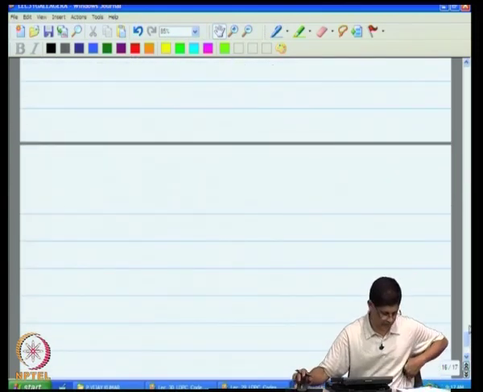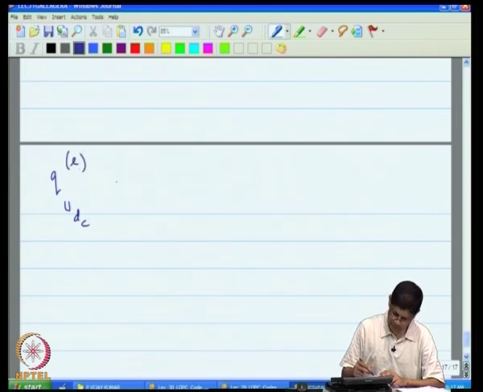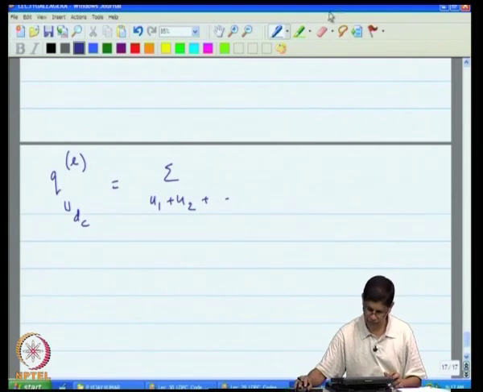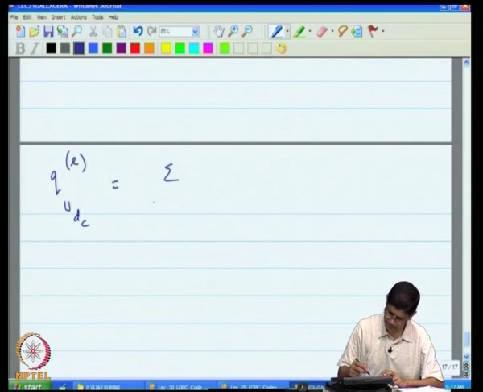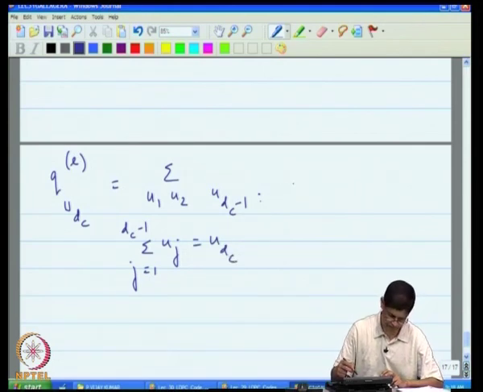The way we will compute it, and this is the way that Gallager computed it, is to say that q_{u_dc} of L is the sum over u1, u2, ..., u_{dc minus 1} subject to sigma u_j equal to u_dc, of the product j equal to 1 to dc minus 1 of p_{u_j} of L minus 1.